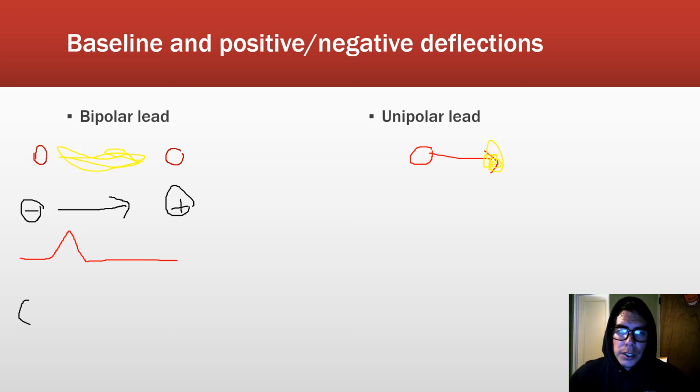If an electrical impulse goes away from a positive towards a negative electrode, that will cause a negative deflection, like so.